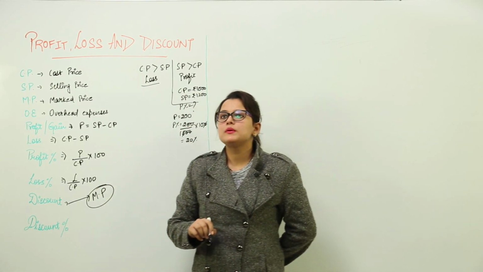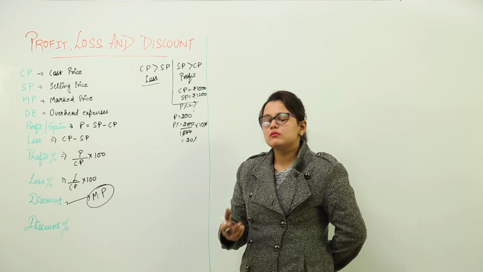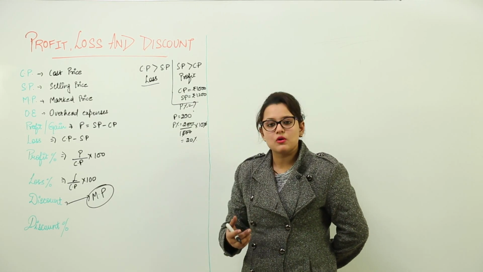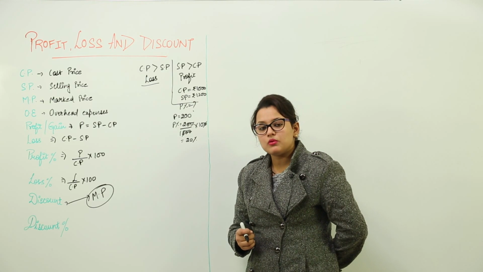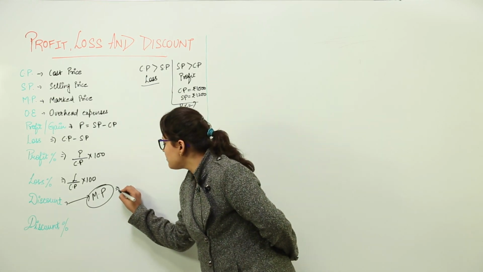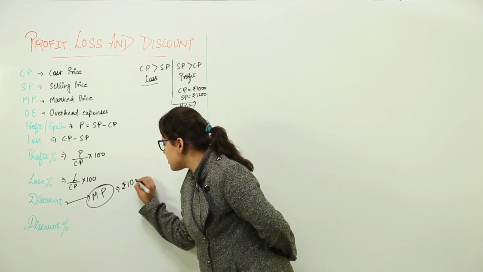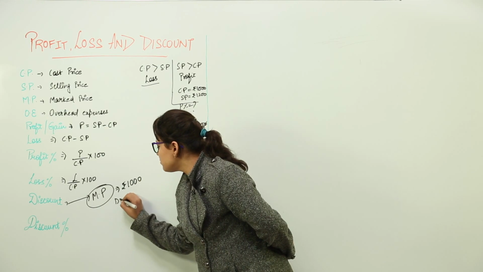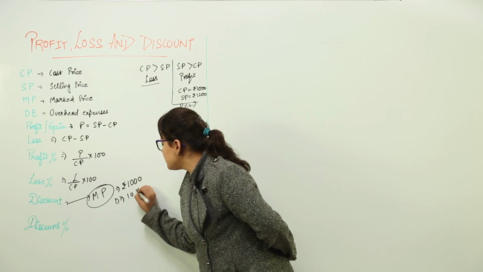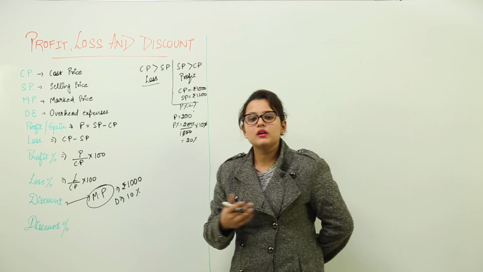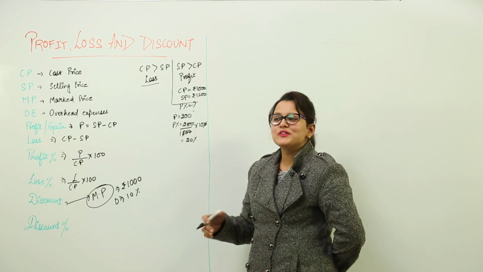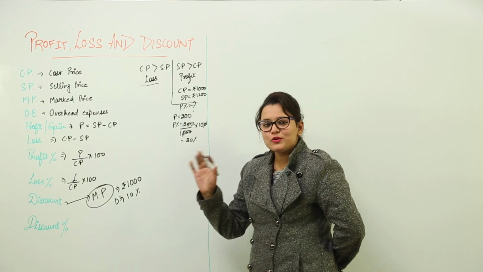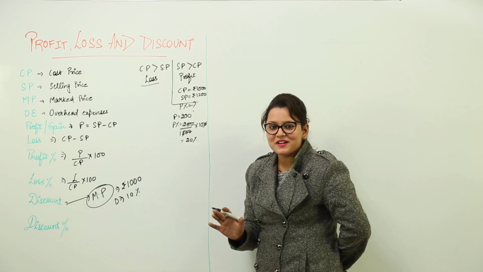Say for example, if some article is having a marked price of rupees 1000, now how do you calculate discount on that? Say I have a shirt with a marked price of rupees 1000, and I am giving you a discount of 10%, right? That is how we go to the shops. We come to know that there is some discount going on, we rush into the shops, right?